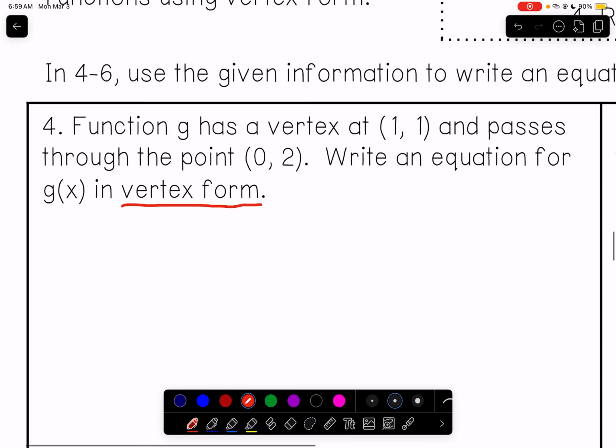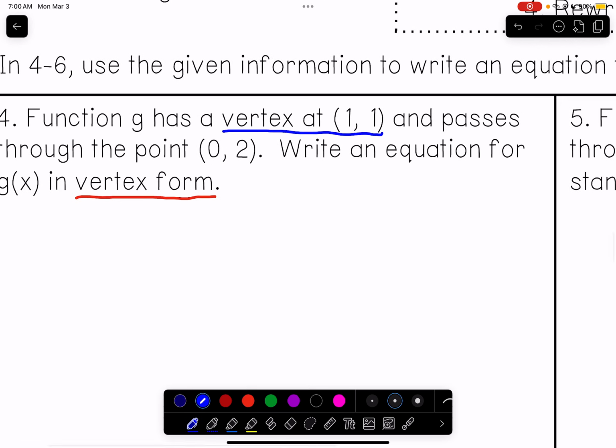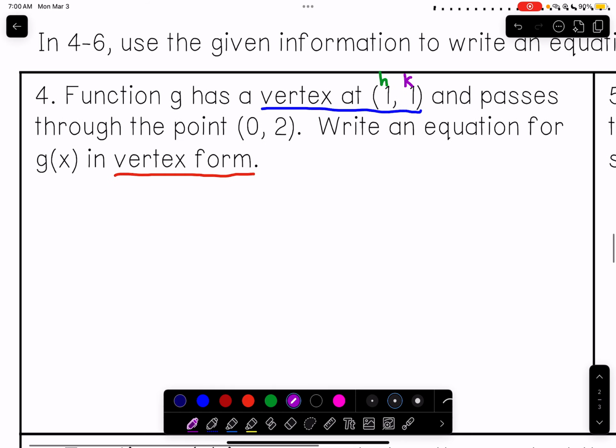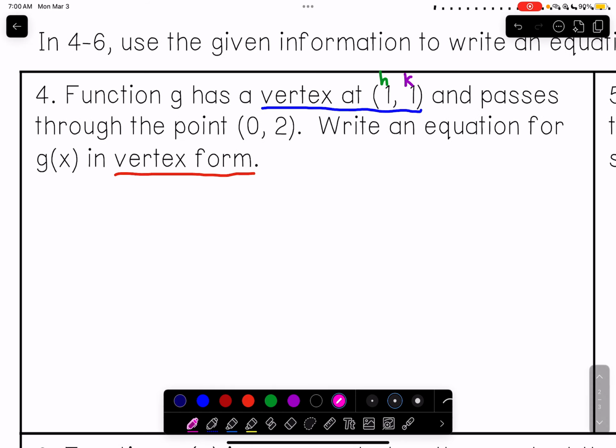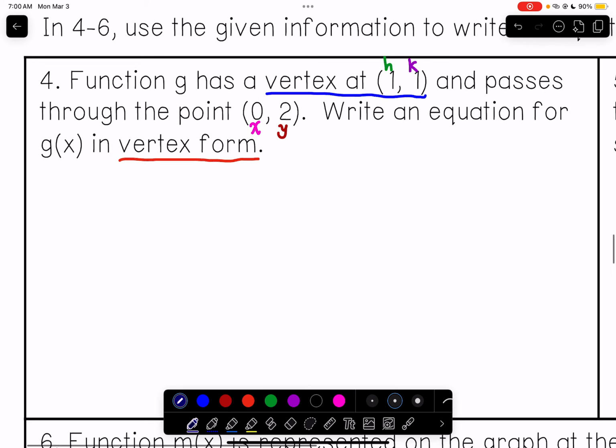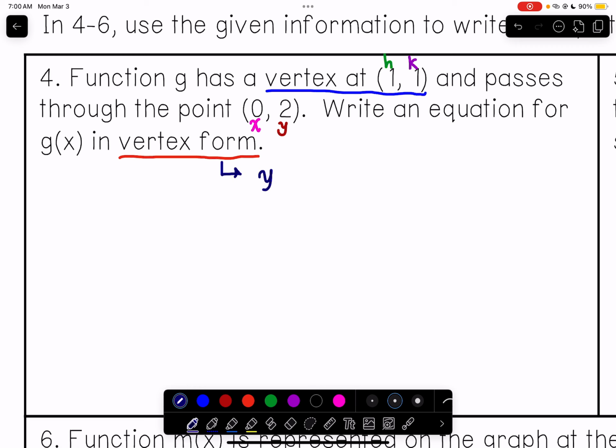Okay, good to know. All right, so I know that my vertex is at 1, 1. Vertex is always h, k. Now, we also go through the point 0, 2, and that's just plain old x and y. Okay, so I'm going to write vertex form, which is y equals a times x minus h quantity squared plus k.